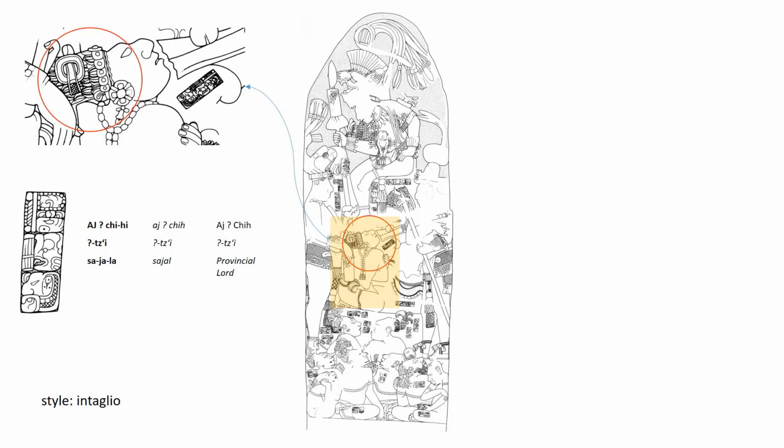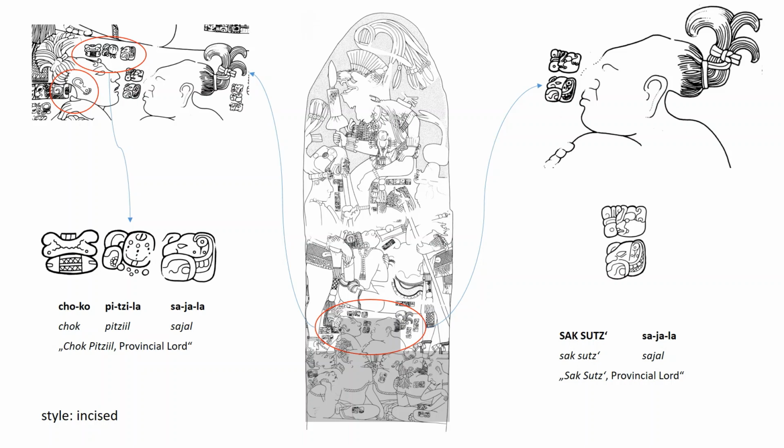And you can see here some of the hieroglyphs we cannot read. This one is not readable, but we know this is a personal name. And now to the bunch of people here who got blood in their face, for example, here, or they've lost their earrings and so their ornate, and they got name glyphs. Here it says that Jokpitzil is a provincial lord.